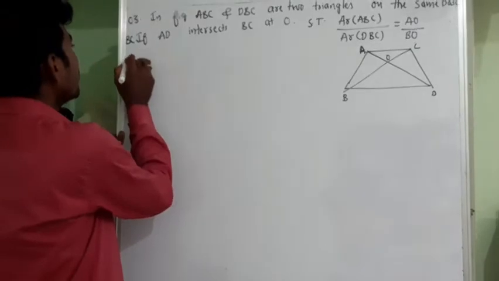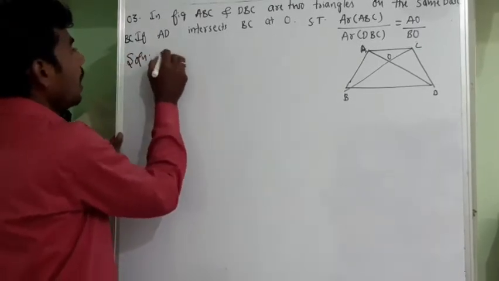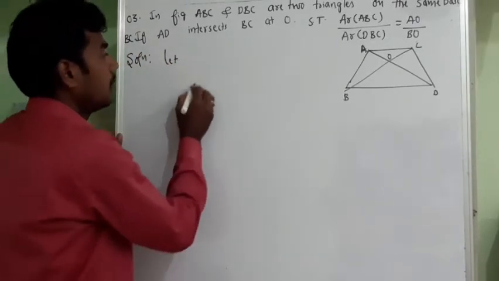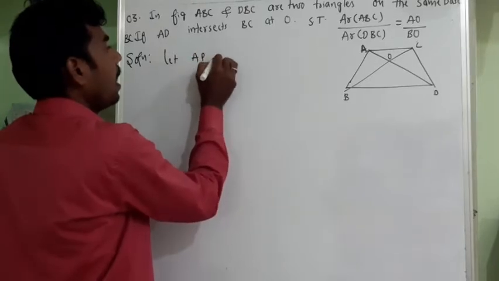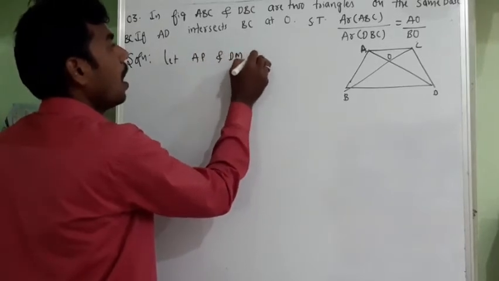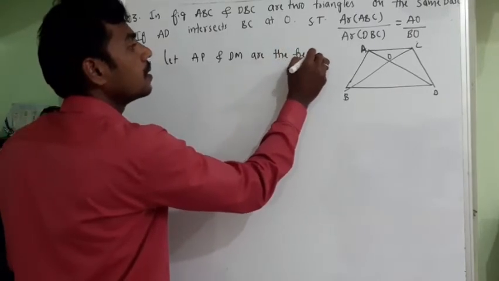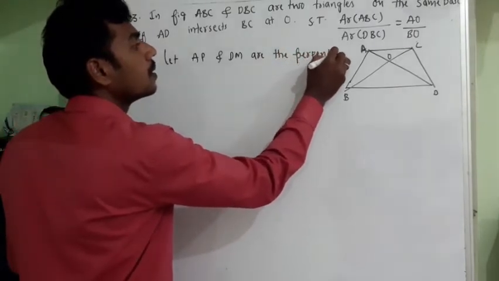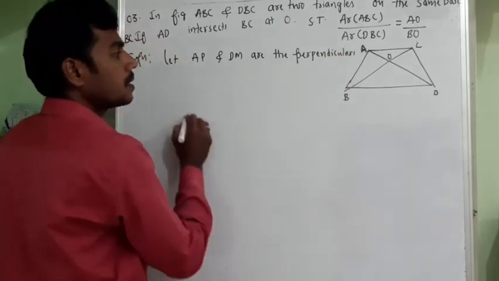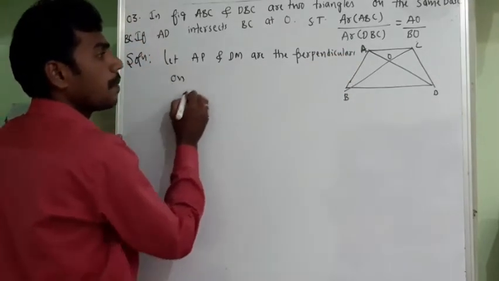For that, we'll do one constructional part: let AP and DM be the perpendiculars on BC.